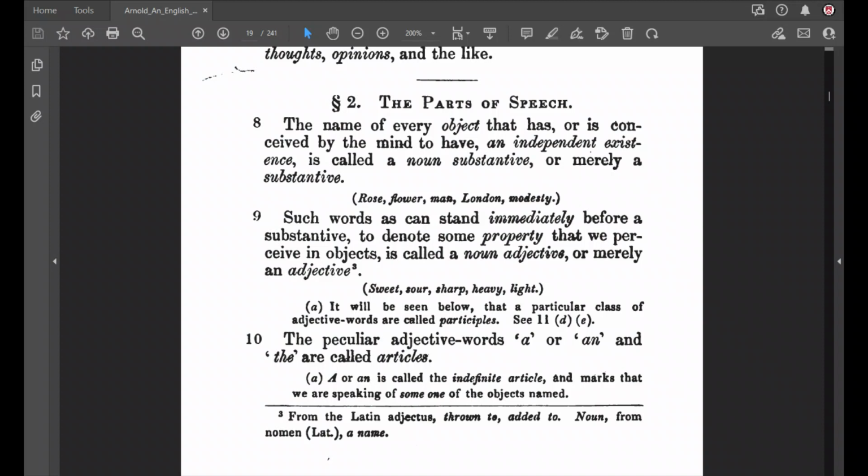And we have to recite that point a number of times to make sure we get all of the details in our minds. The name of every object that has or is conceived by the mind to have an independent existence is called a noun substantive or merely a substantive.